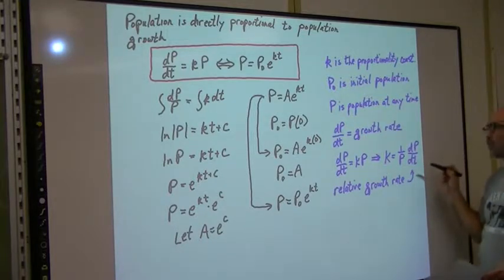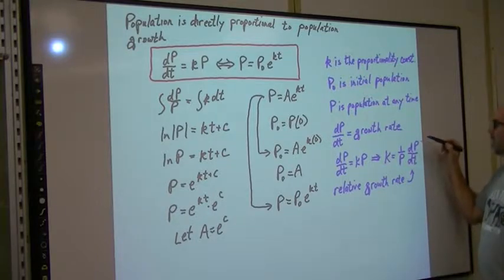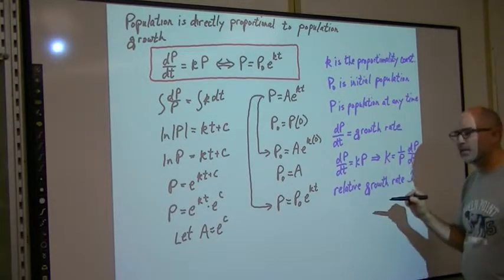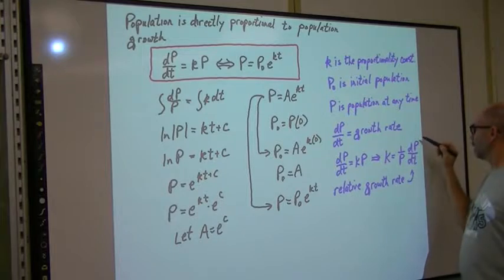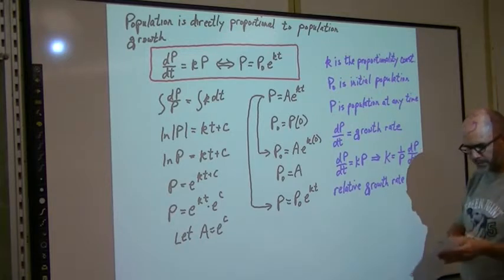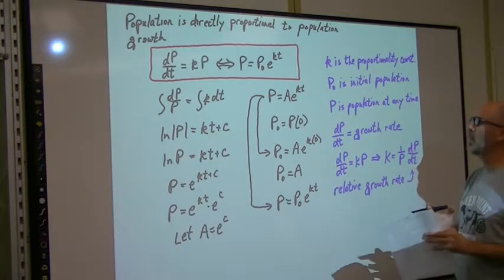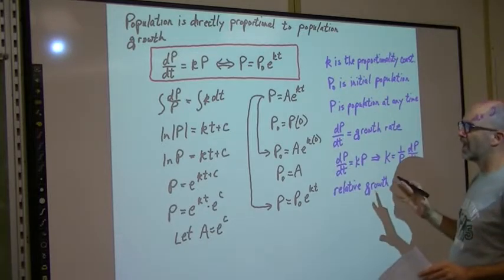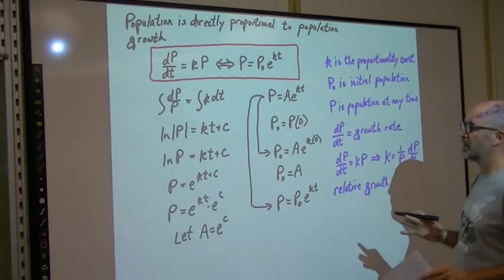If dP/dt is the growth rate, then dP/dt divided by P is the relative growth rate. That's going to be relative to the population. So if I take the growth rate divided by population, then I get the relative growth rate. Okay, so this is the basic background behind everything that we're going to be doing in this section.